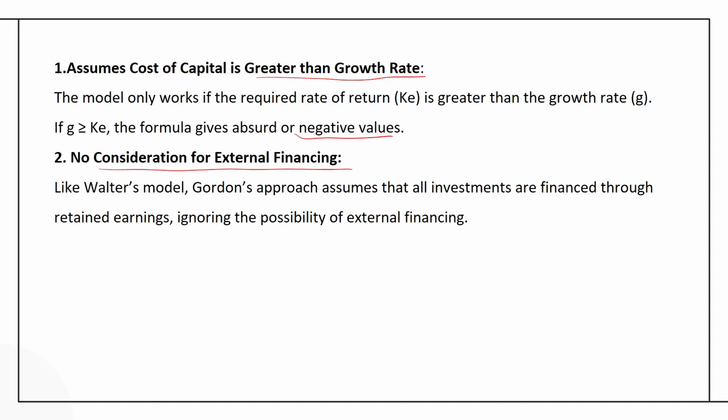So, in this case every company along with the retained earning may resort to debt financing and also other kinds of financing. So, on these grounds the Gordon's irrelevancy theory can be criticized, but yes, the model has been successful in proving that the relationship between the R and K, the relationship between dividend policy and the valuation of the firm do exist.